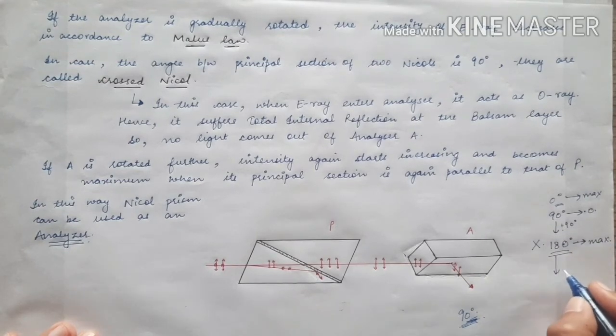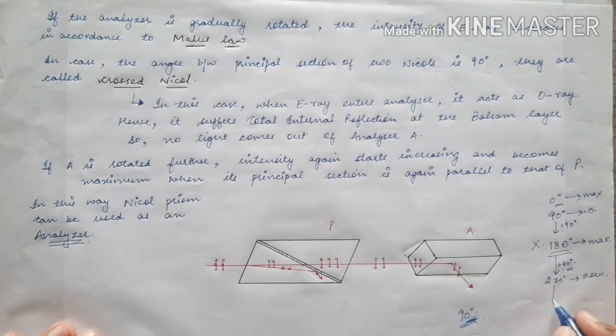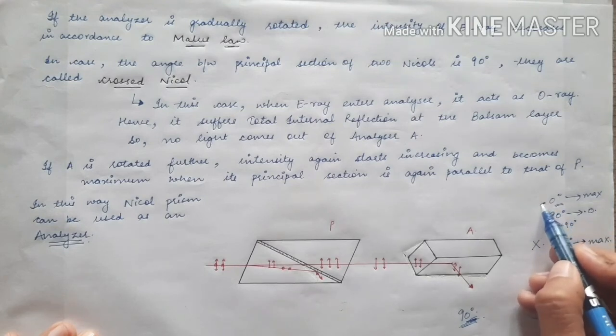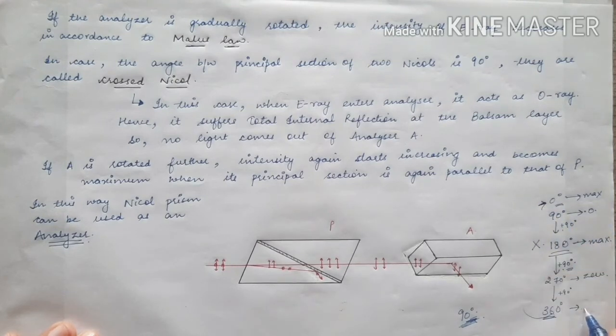Then if you rotate it further by another 90 degrees, that is 270 degrees, the intensity will be again 0. And with further rotation by 90 degrees, that is at 360 degrees, which is nothing but this first earlier position, the intensity will be maximum.